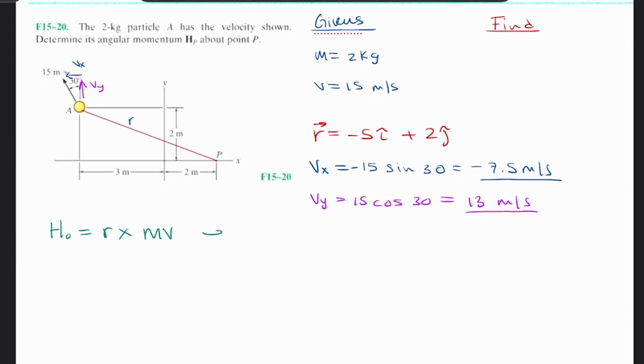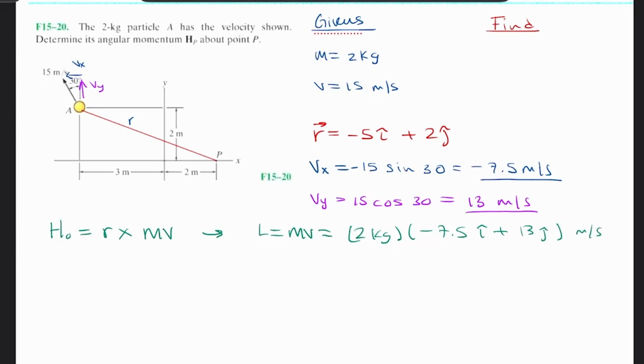So if we find the momentum p, we have 2 kilograms times the velocity in the x and y direction, that is negative 7.5i plus 13j in meters per second.